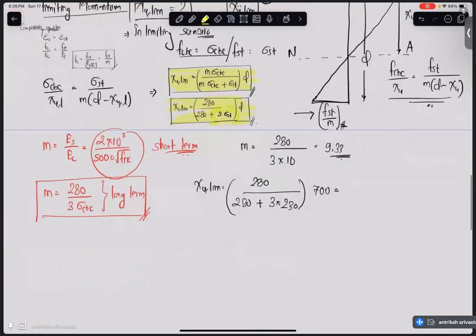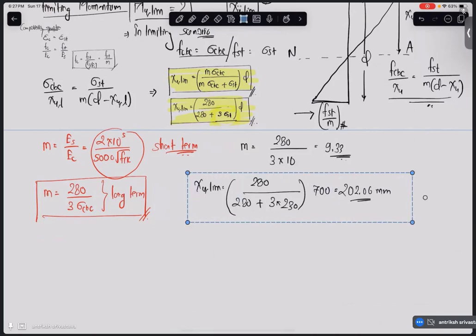Okay, so this is going to give us our xu limiting, that is 280 divided by 280 plus 3 into 230 into 700, 202.06 mm.